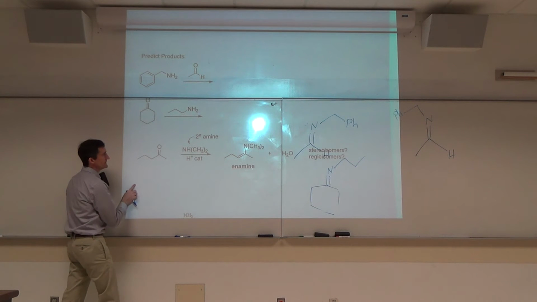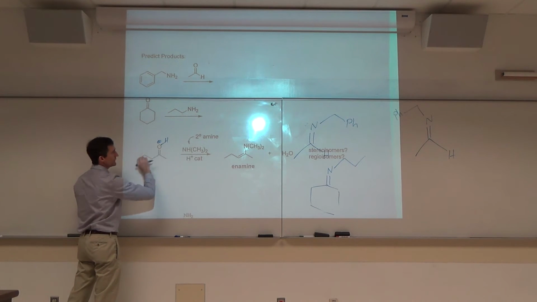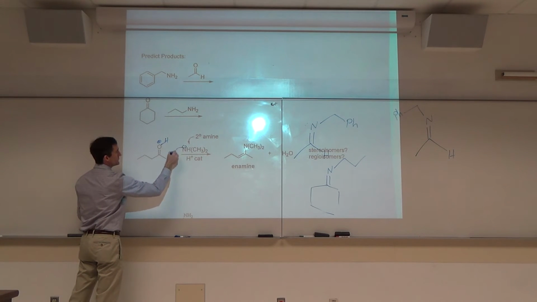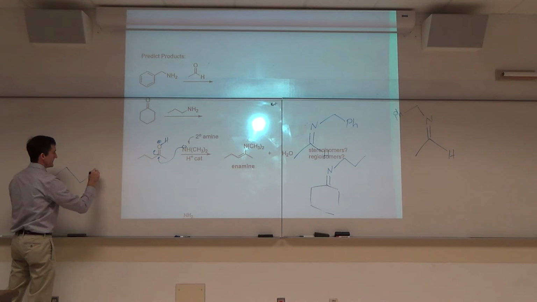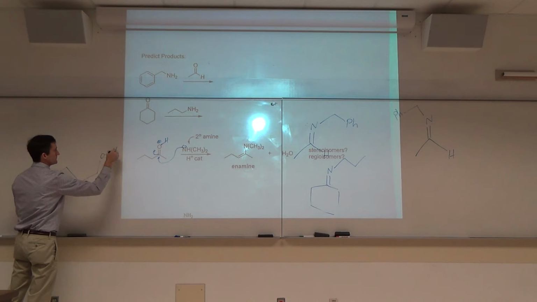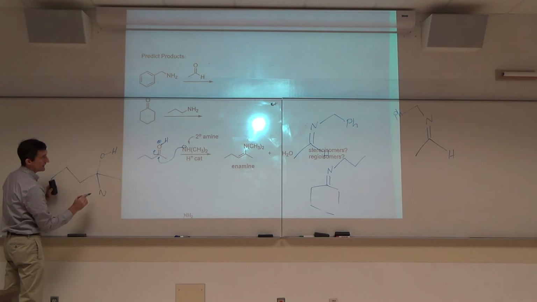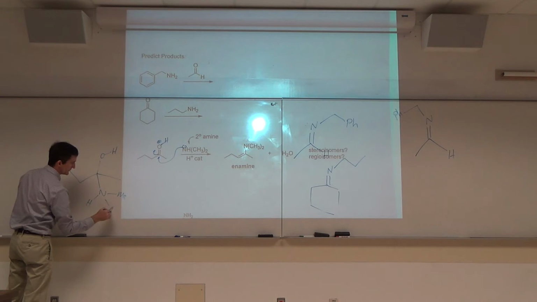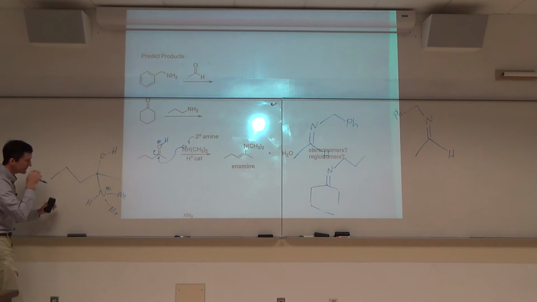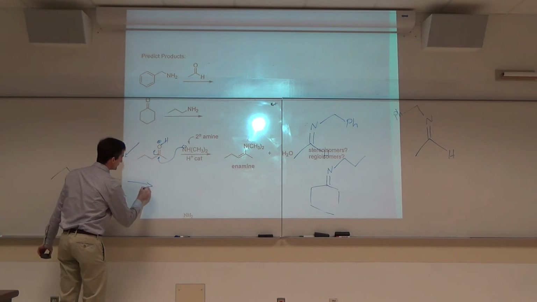How do you get to enamine? Well, let's do the mechanism. Let's protonate this. Okay, we know how to do that. Nitrogen adds, electrons up. Let's get to the point where we have H, 2 methyls, right? There's 2 methyls plus charge. Proton transfer.